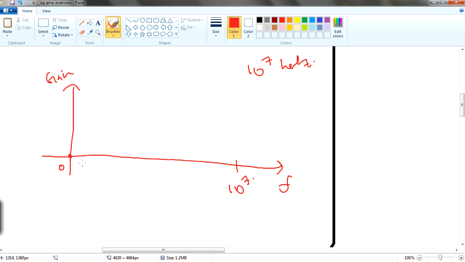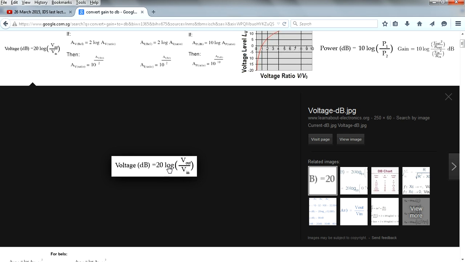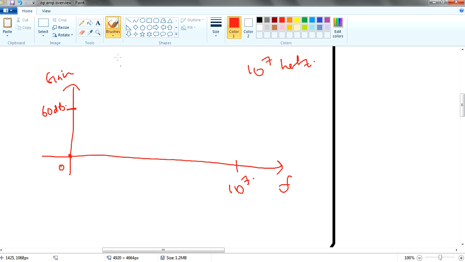Okay? So let's say you have a gain of 60 decibels. Everything is in terms of decibels. If you want to know how to convert from gain to decibels, this is the formula: 20 log gain. If you know that gain is actually V out over V in, right? So gain is just some value, if you still remember. So if my gain is let's say 5, right?